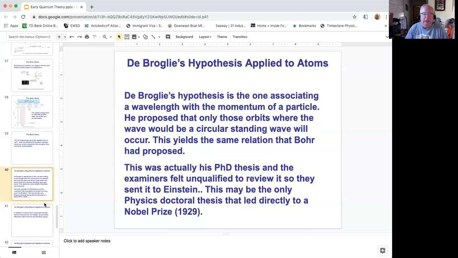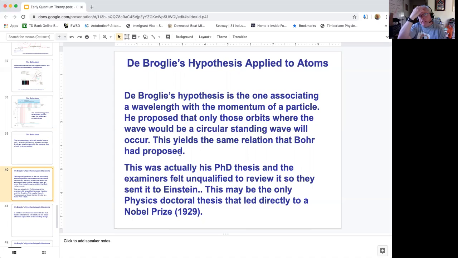So de Broglie was a French physicist who was working on some concepts theoretically around atomic theory, and was fascinated about this idea about how the Bohr model explained hydrogen spectra. But since angular momentum should be quantized and energy states should also be quantized, he came up with a different way of looking at this. So if the momentum of the electron also has a wavelength, is there a connection between the wavelength and the orbit itself, the physical orbit?